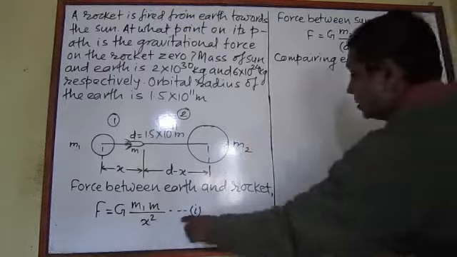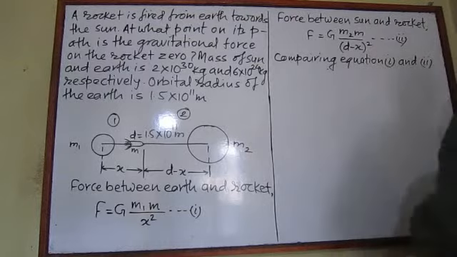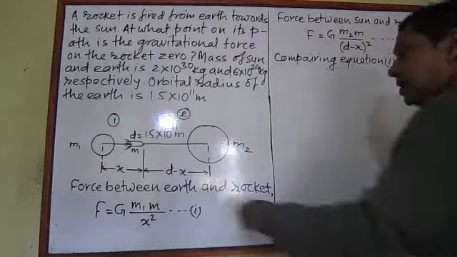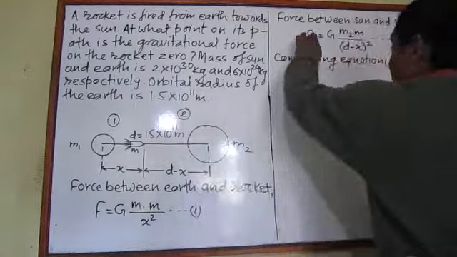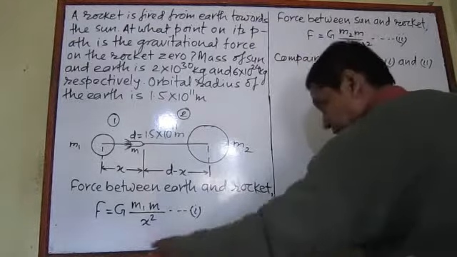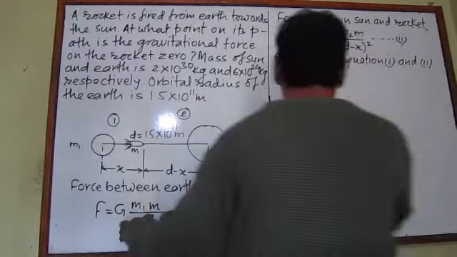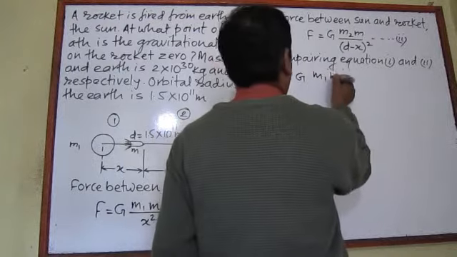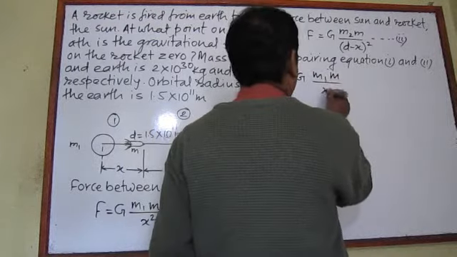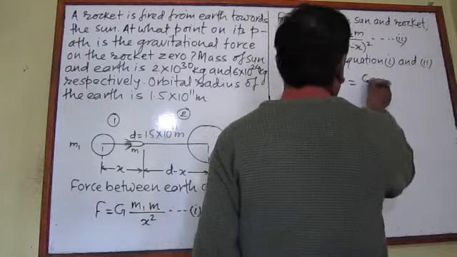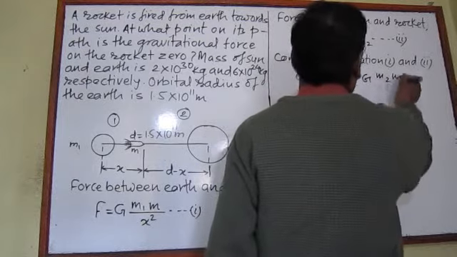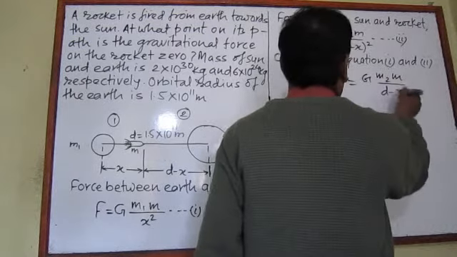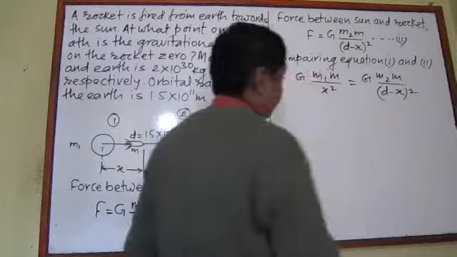If we compare these two equations, comparing equation 1 and 2, what can we write? If these gravitational forces are equal and opposite, the resultant is 0. So we can say that G m1 m upon x square is equal to G m2 m upon d minus x whole square.